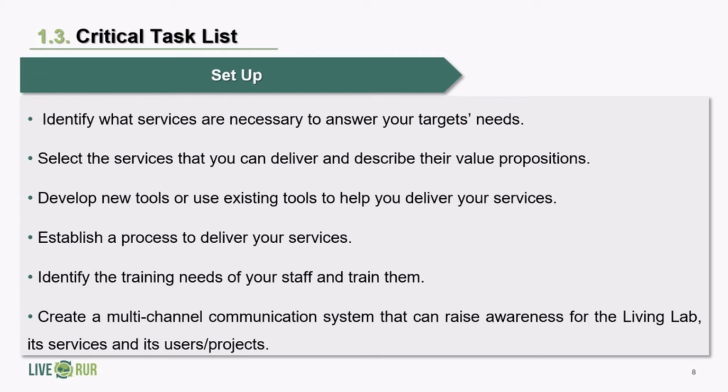Establish a process to deliver your services. Identify the training needs of your staff and train them. And create a multi-channel communication system that can raise awareness for the living lab, its services, and its users. The LIVERUR toolbox has 6 tools to help you create your services.